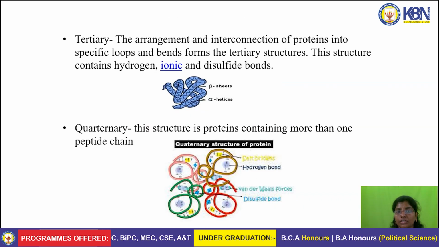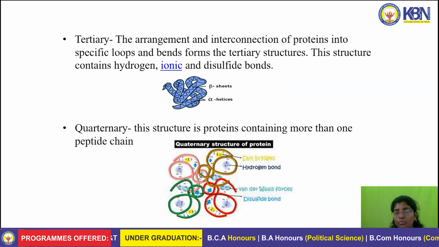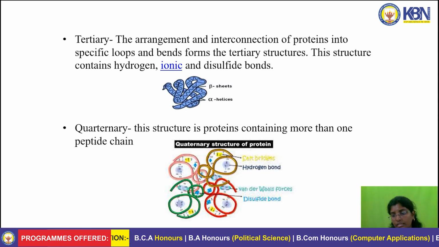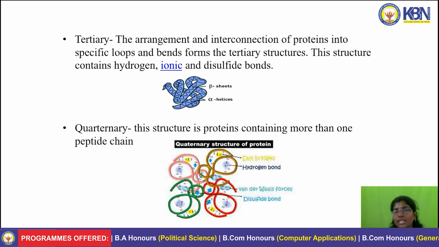Next, tertiary. In the tertiary structure, the arrangement and interconnection of proteins have specific loops and bends, and also contain hydrogen, ionic and disulfide bonds. In the quaternary structure, the protein contains more than one peptide chain.